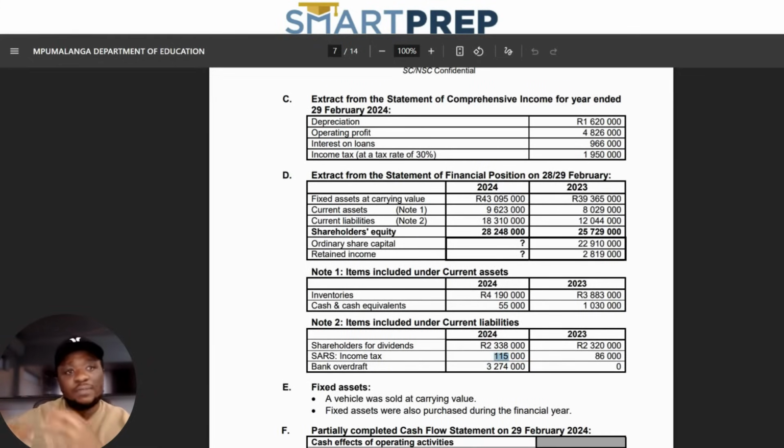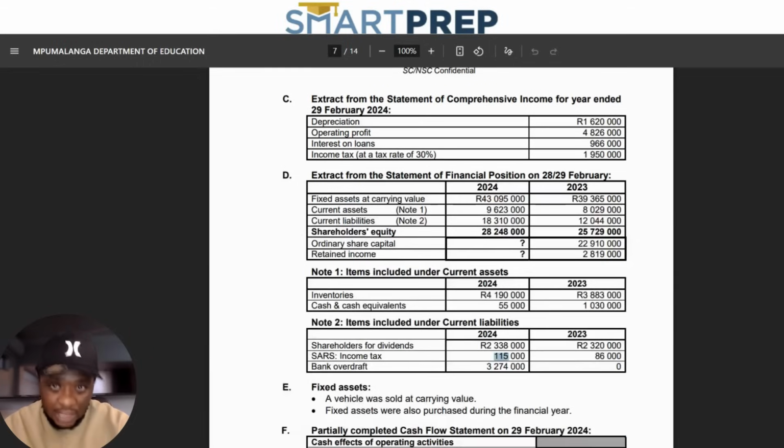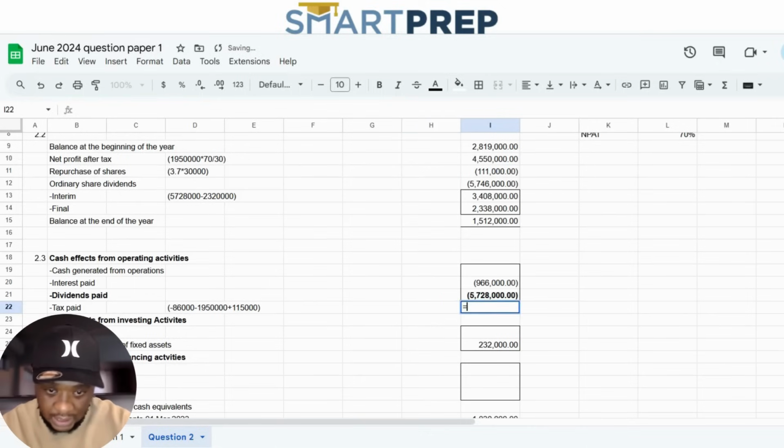If that 115,000 is still owing, that implies that the payment is yet to be made, and so we would just add that 115,000. And then we would have our income tax paid as 1,921,000.